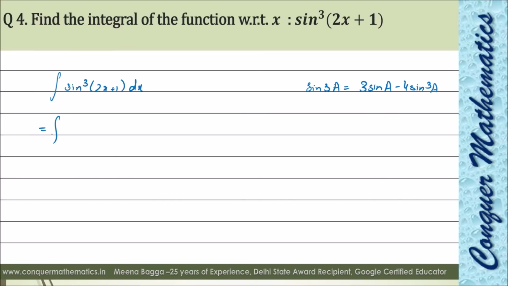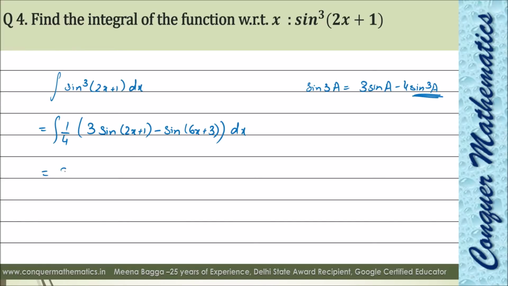This would be used. Sine cube a we are to use, that would be 1 by 4 times 3 sine 2x plus 1 minus sine 3 times 2x plus 1. That means 6x plus 3. Okay, this is here. Simple.